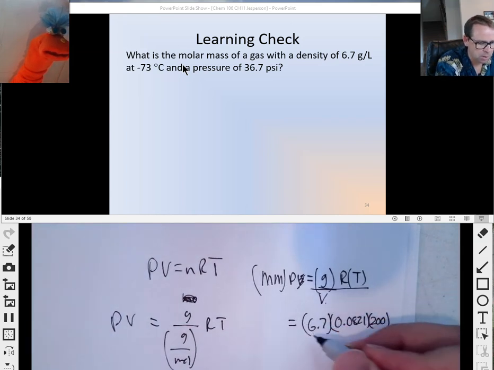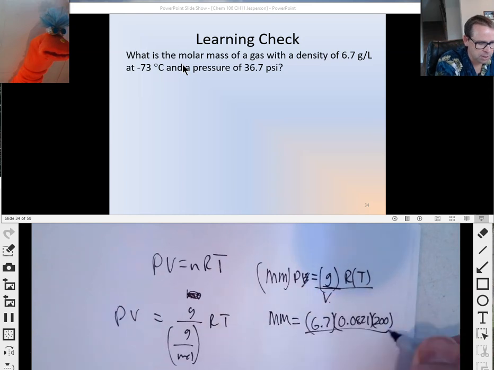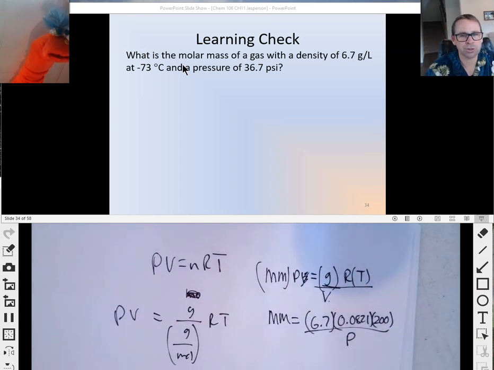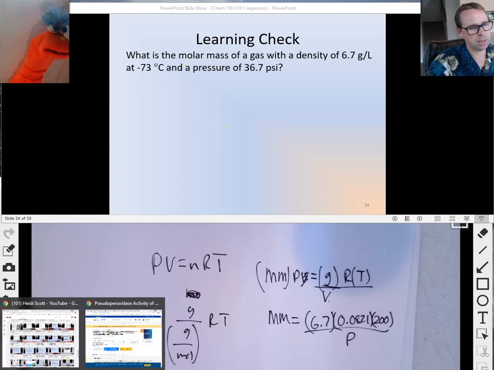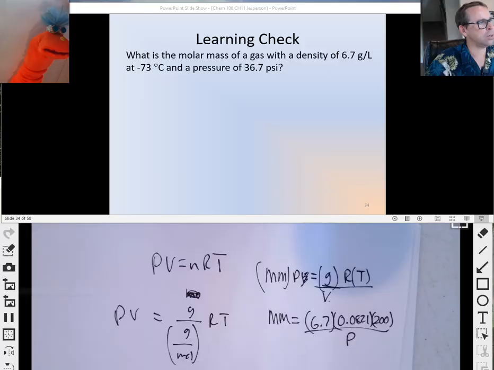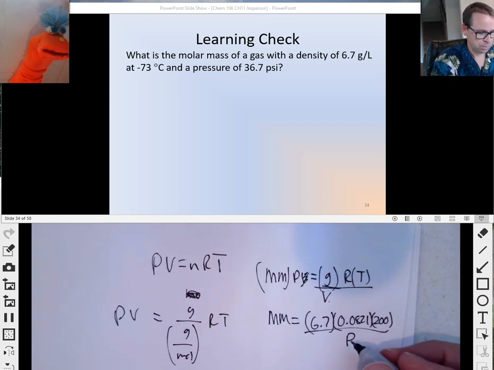All right. Now, to get molar mass all by itself, I just need to divide by pressure there, and the pressure is 36.7. I'm just going to go to the internet here and ask the internet how many atmospheres are in 36.7 psi. 36.7 pounds force per square inch is equivalent to 2.497 standard atmospheres.